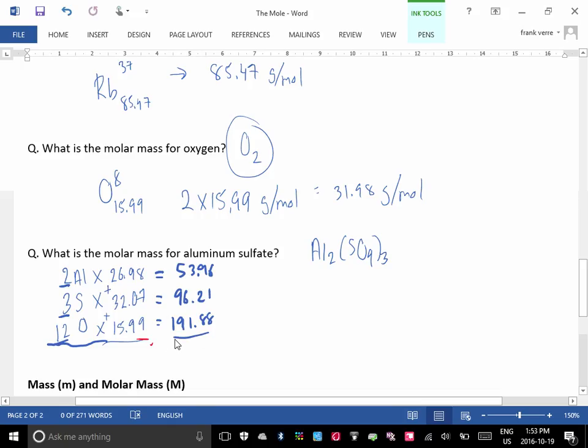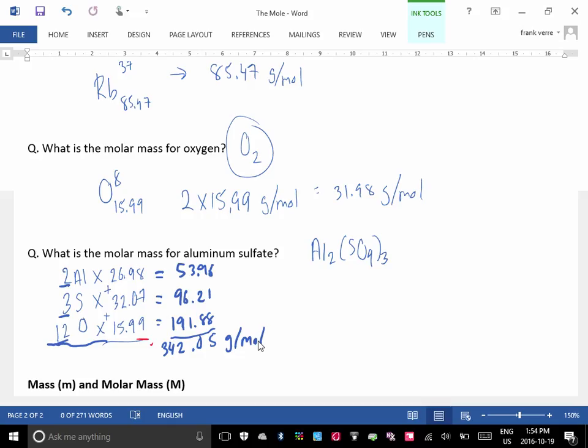Okay, so now we add that all up. Now we're adding it, so how many decimal places should there be in our answer? 2, so we're good. So the molar mass of aluminum sulfate is 342.05 grams per mole.